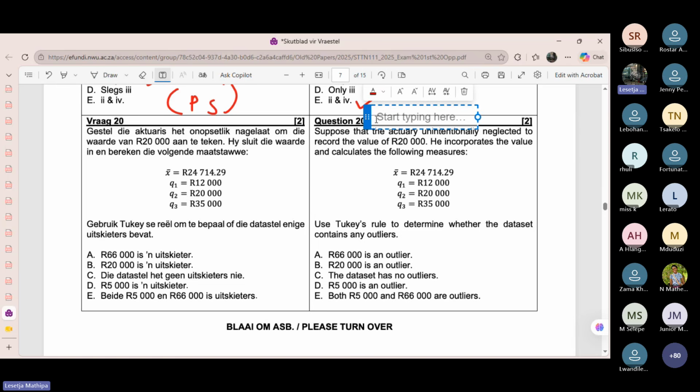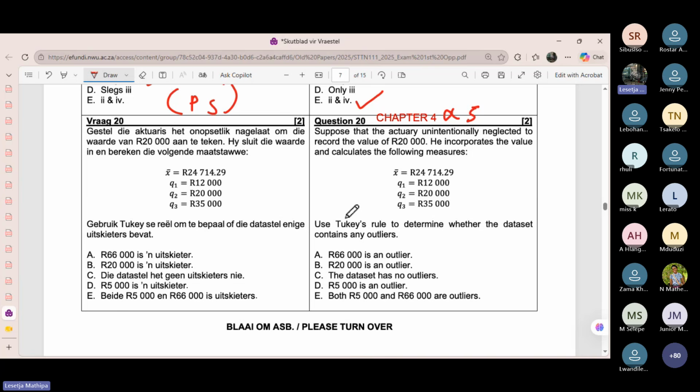Question 20, let's see. It's about the quartiles, Q1, Q2, Q3, and Tukey's rule. This is chapter 4. I can also make it chapter 4 and 5 because it's based on those two chapters.